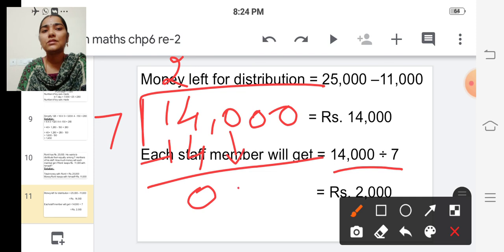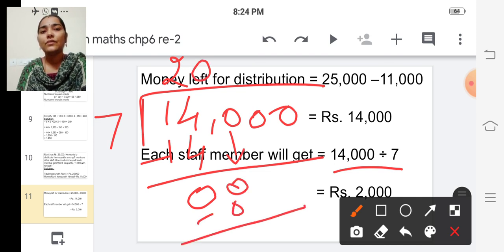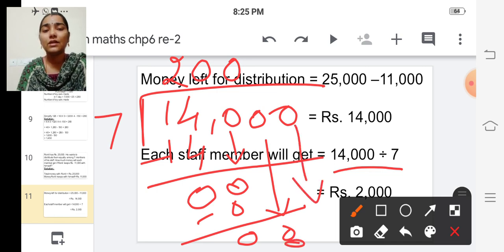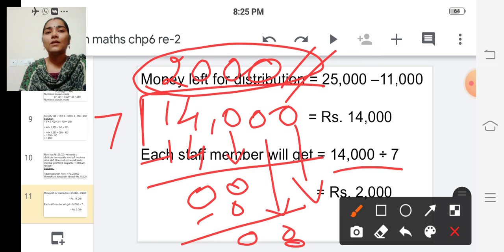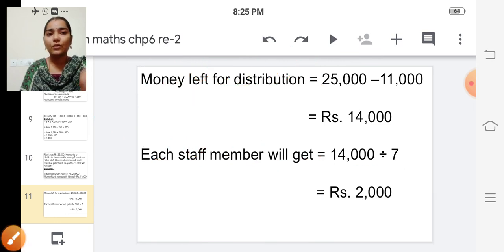Bring down the 0 and write 0. Bring down the next 0 and write 0 here. Again bring down the 0 and write 0. So how much money will each member get? Each member will get rupees 2,000.